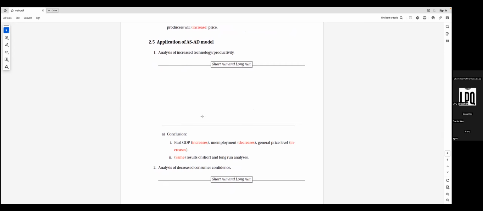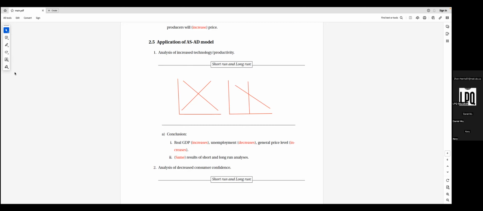In the first box here, we separate our short-run analysis and long-run analysis. So you need to build two graphs here. For the left-hand side, you only add the short-run AS and AD. But for the long-run analysis, you only add the long-run AS and AD.